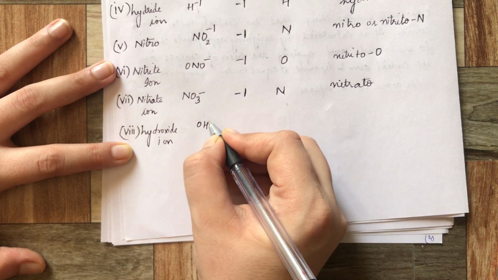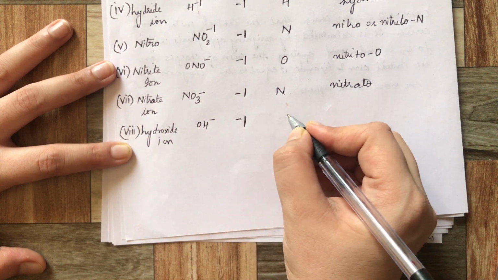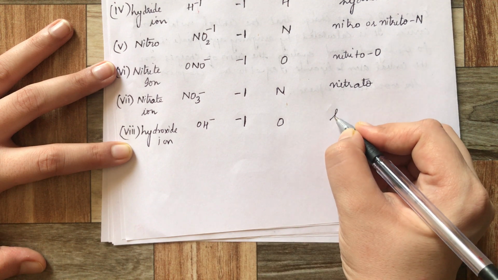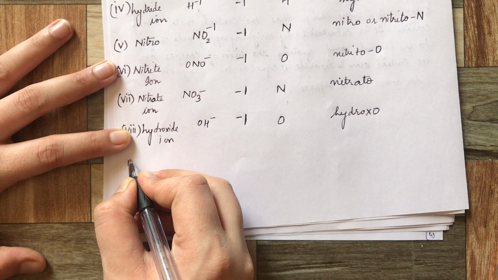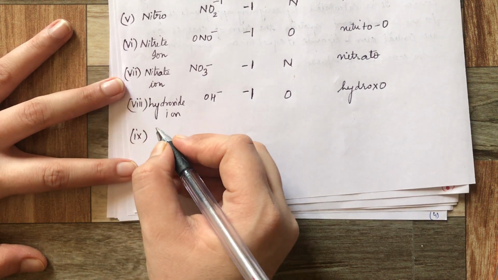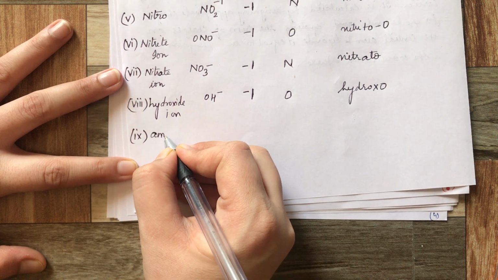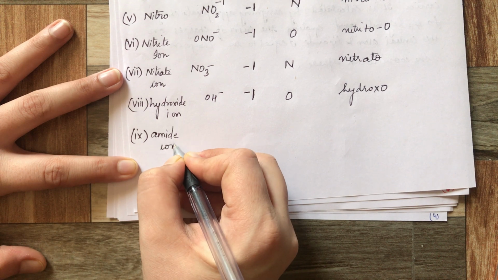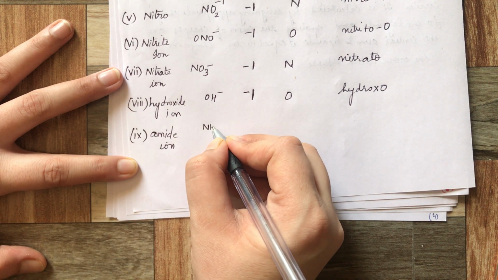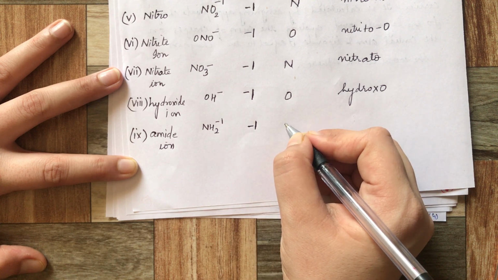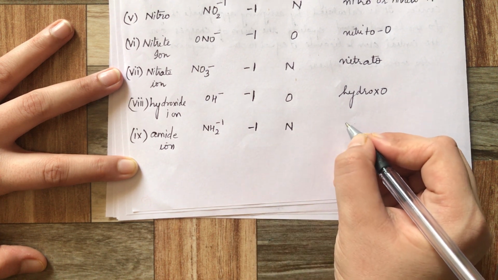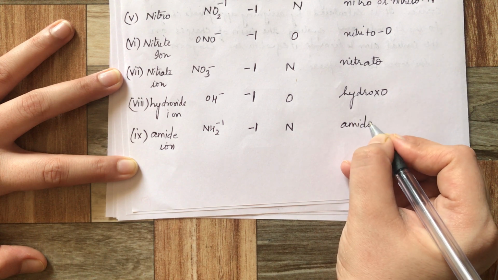Hydroxide ion is OH negative, -1 oxidation state, donor atom is oxygen, and it is called hydroxo. Next is the amide ion. Amide ion is NH2 -1, the oxidation number is -1, the donor atom is nitrogen, and it is called amido.